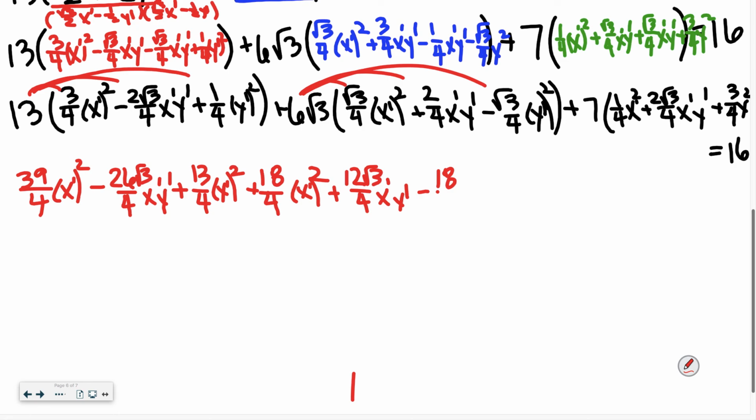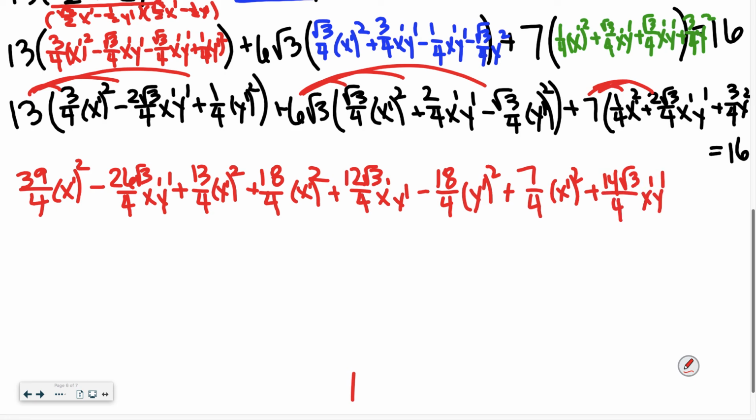Minus 18/4 y prime squared plus 7/4 x prime squared plus 14 radical 3/4 x prime y prime plus 21/4 y prime squared equals 16.